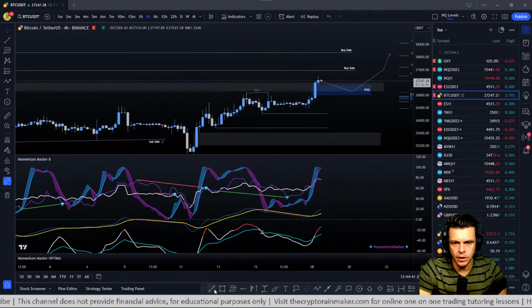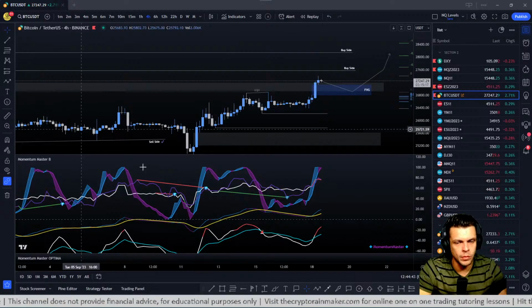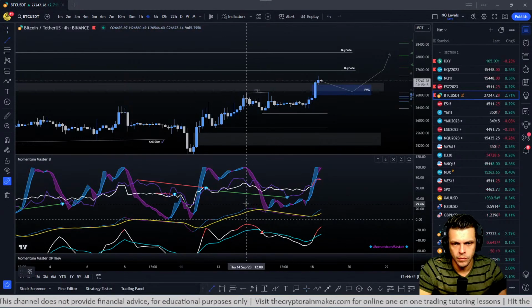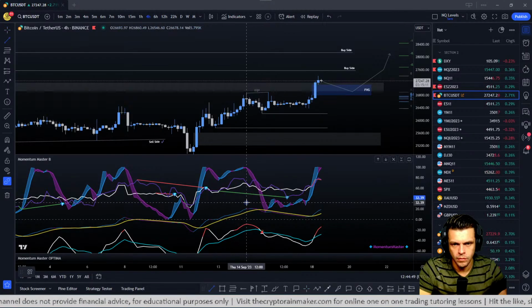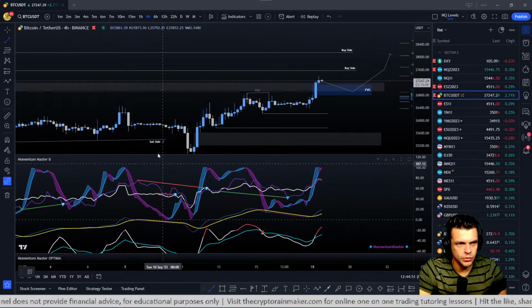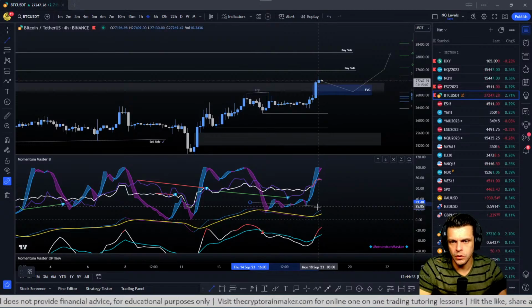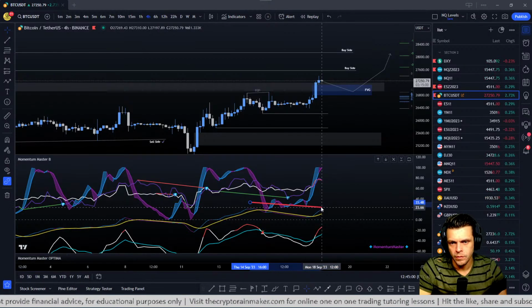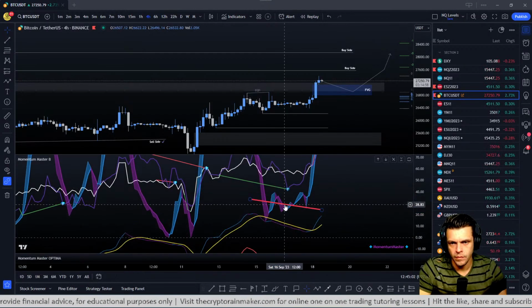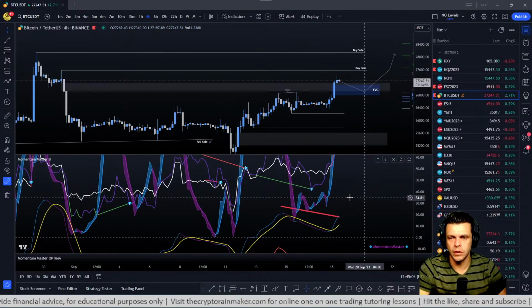You can see there's a bearish divergence starting to form. Where's my trend line? Okay, make this nice and red and thick. Okay, now you should be able to see it a little better.